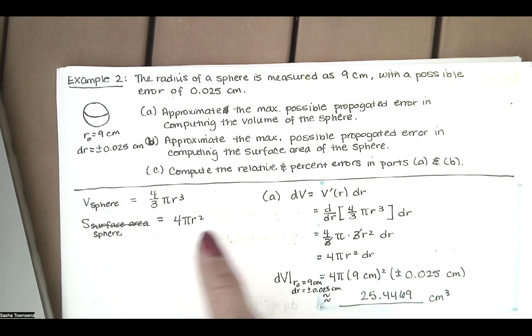So when we calculate dV and find this expression, we're saying this 25.4469 centimeters cubed tells me the expected change in volume, or the expected error in volume, provided that we are at R equals 9 centimeters.